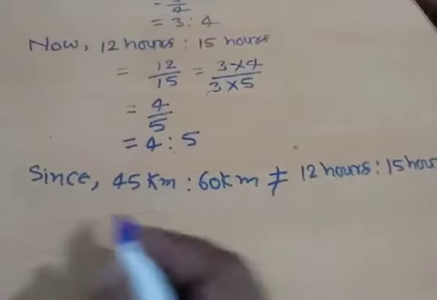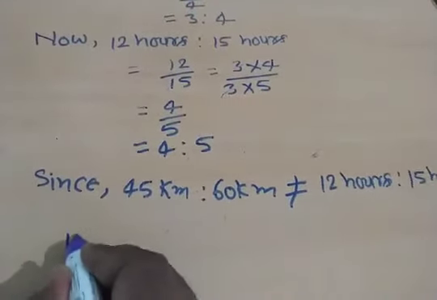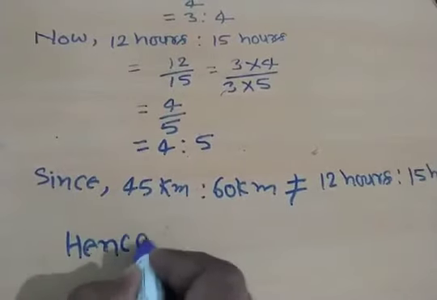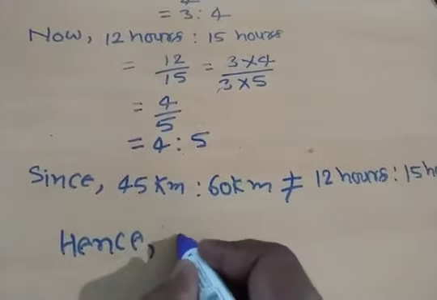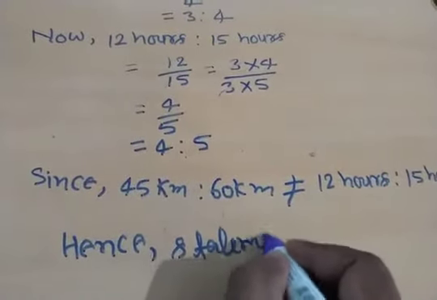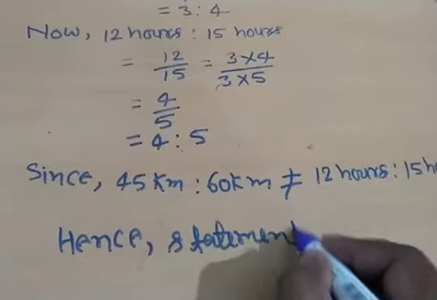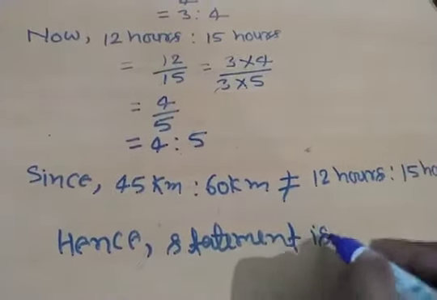This is not equal, so we can write here: hence, the statement is not true.